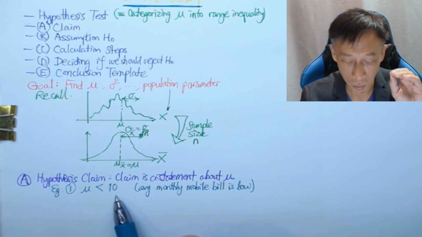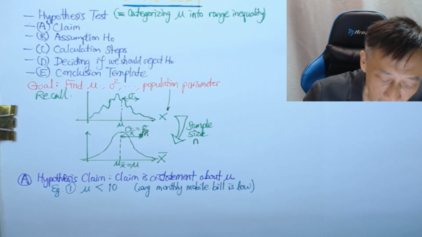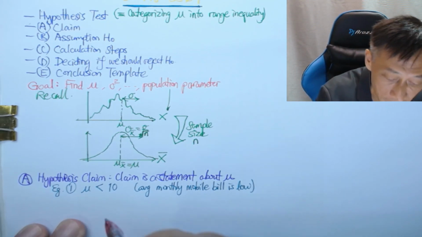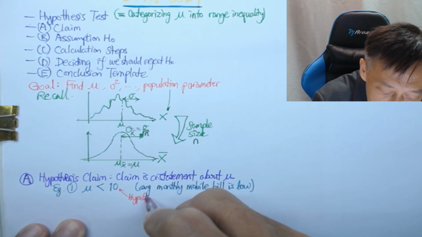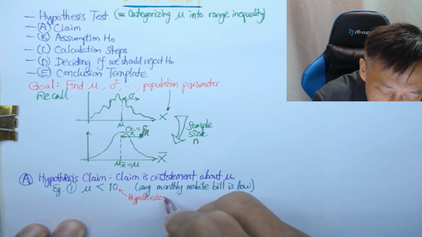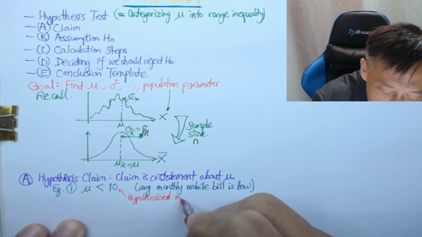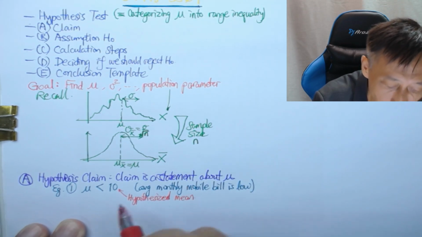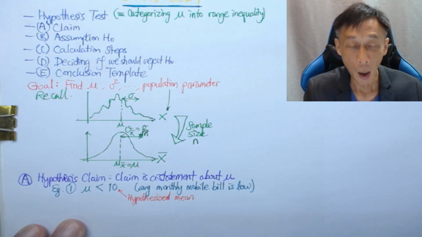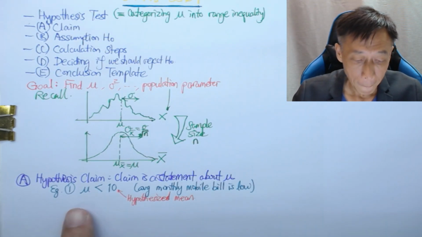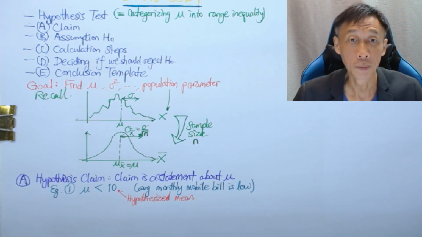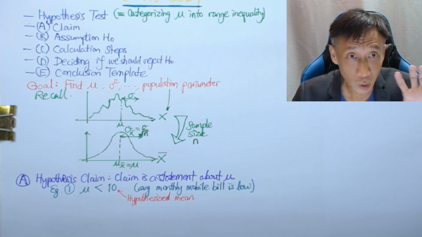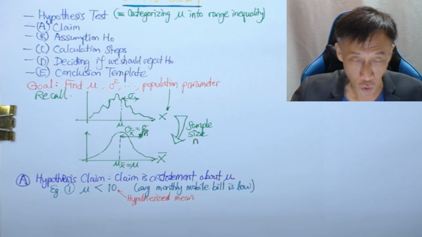So we throw in a hypothesized mean. This number is called the hypothesized mean, and it's different from mu. What is mu? Mu is the population average of monthly mobile bill payment, including the past and into the future.